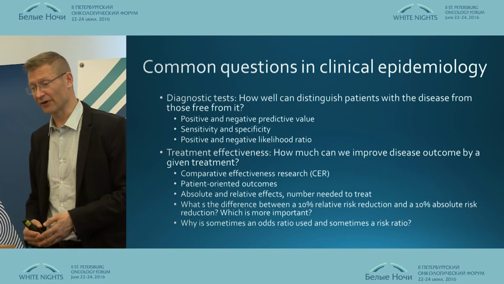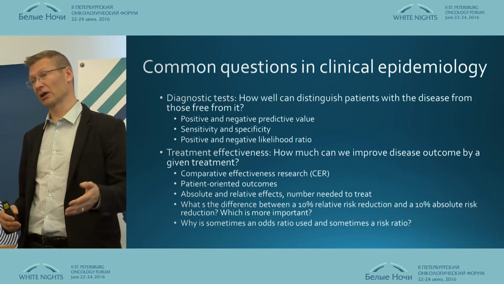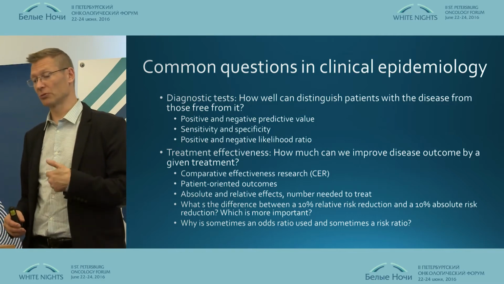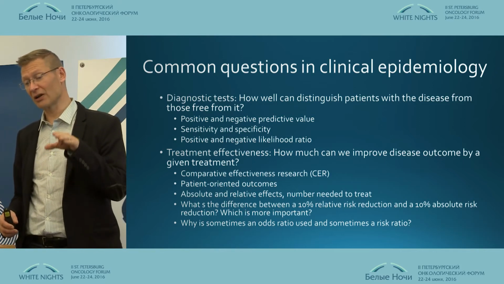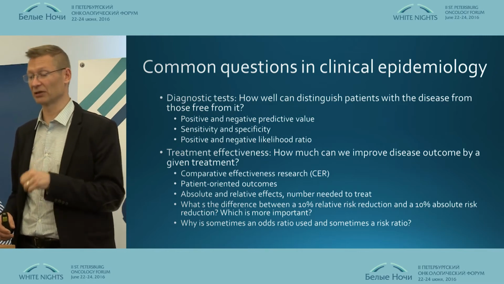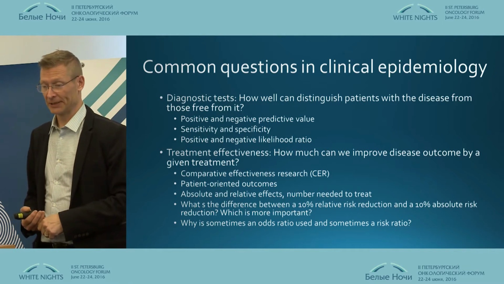I would never regard very highly research that's only using as the outcome something like improvement in a radiological image or improvement in biochemical indicators, unless it has already been well shown that they are highly correlated, that they are valid endpoints for the patient outcomes. So our focus should always be on the patients.